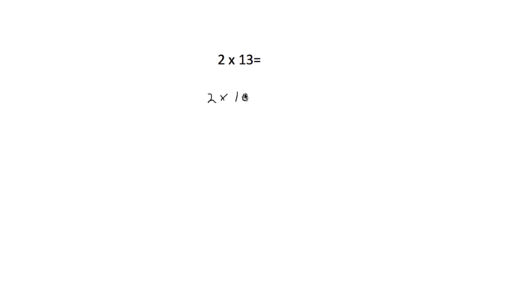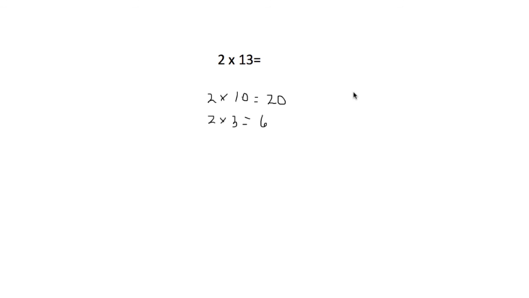So 2 times 10, and then we have a 3 in the ones place, so just 2 times 3. Now we have to multiply these, and then add them together. So 2 times 10 equals 20. And then we have 2 times 3 equals 6.